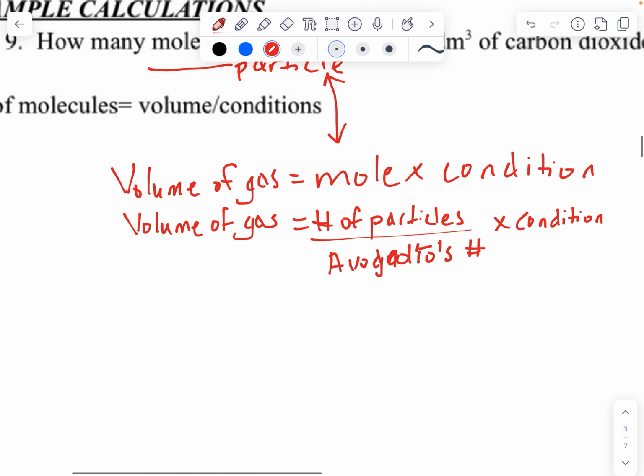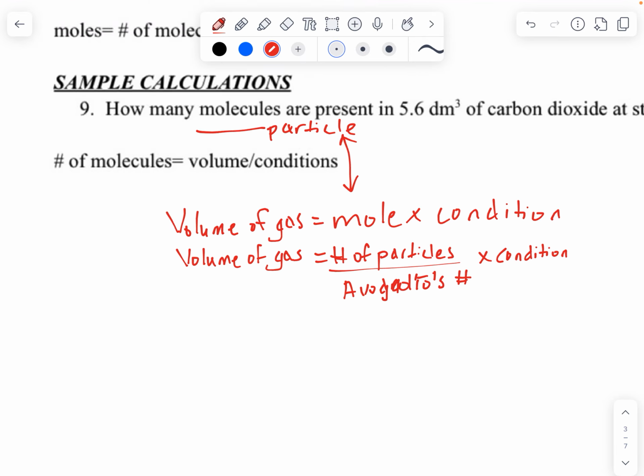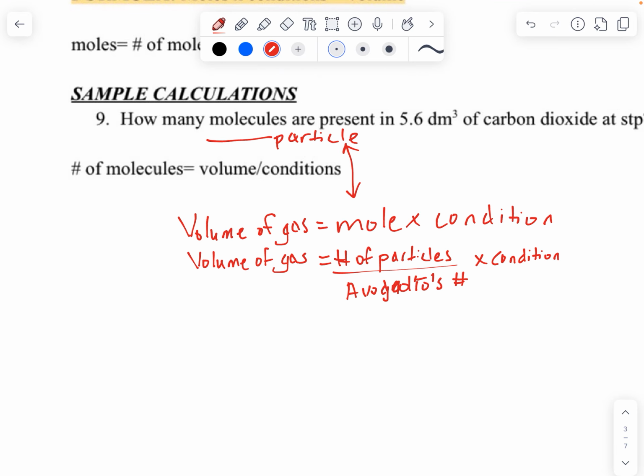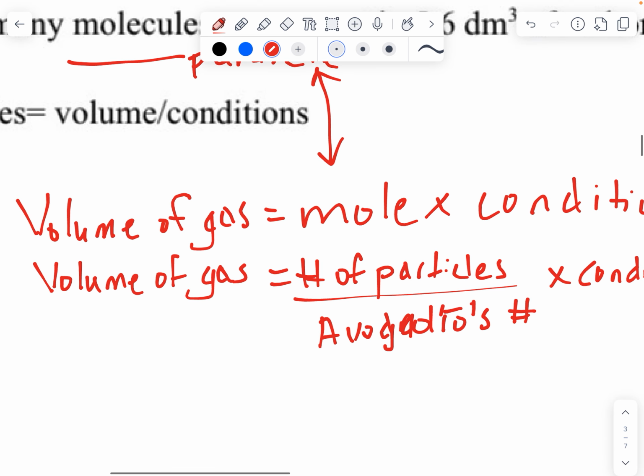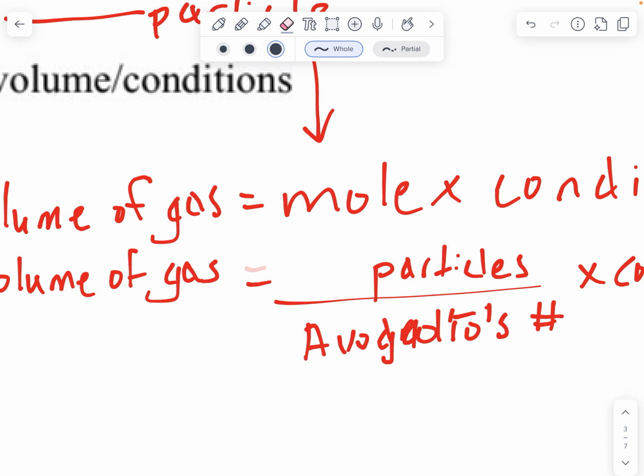Okay. So that's the new equation that we made, right? And from this equation, we can definitely solve for the molecule. Remember that molecules is a type of particle. This is something that we need to remember. But I'm going to write this with a different color ink.